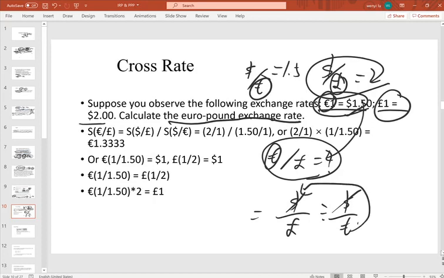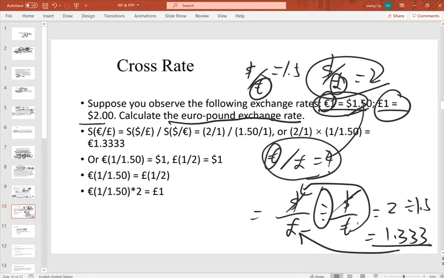That's why we need to use division. So we use 2 over 1.5, which equals 1.33. What does that mean? It means £1 equals how many euros? Let me write this again: £1 equals 1.33 euros. That's the cross rate.